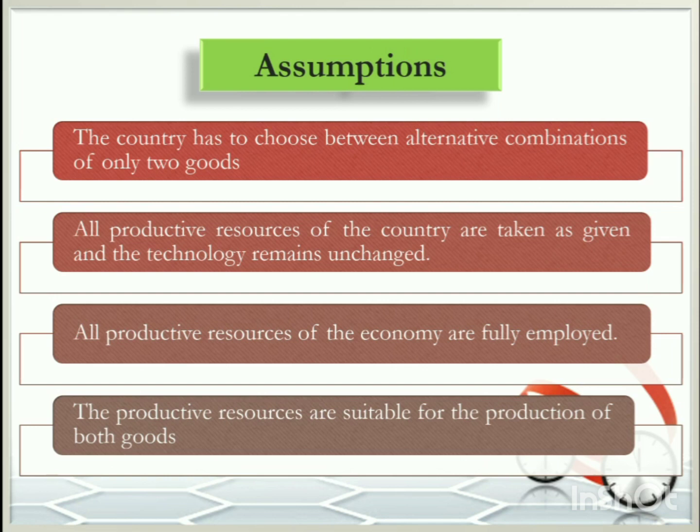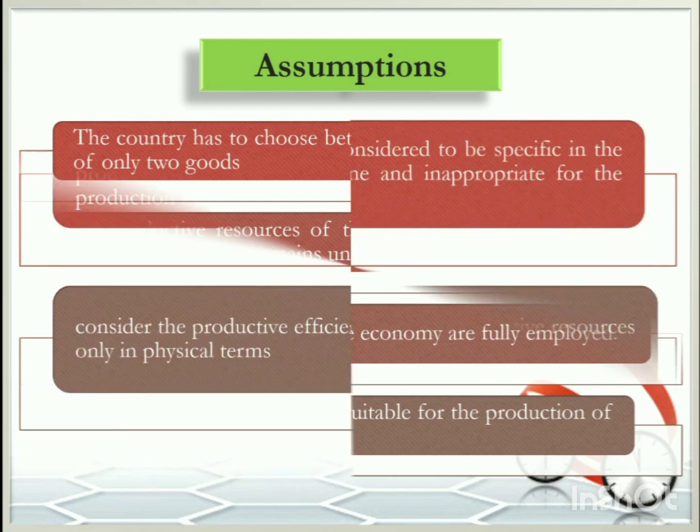And the productive resources are suitable for the production of both goods, L and M, that means LED and computer monitor. They can therefore be shifted from the production of one to other goods. However, such a shift would reduce the production of the first good and increase that of the other.